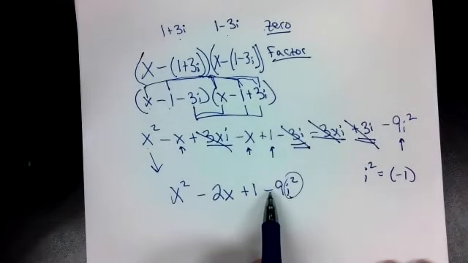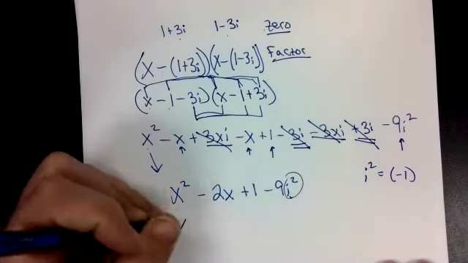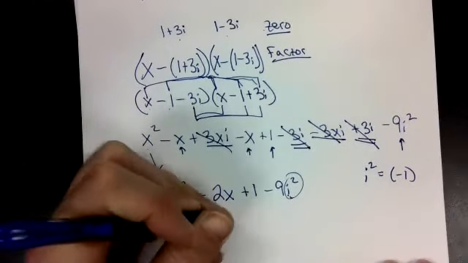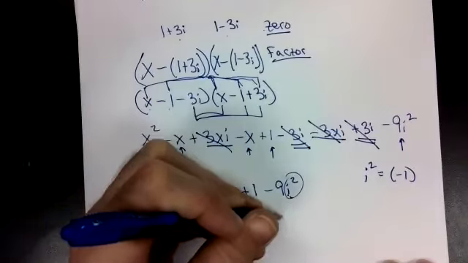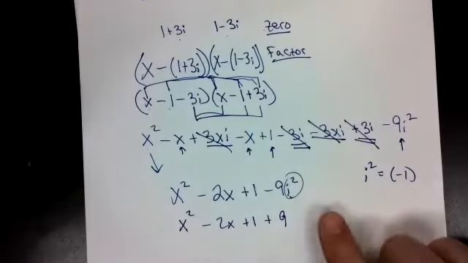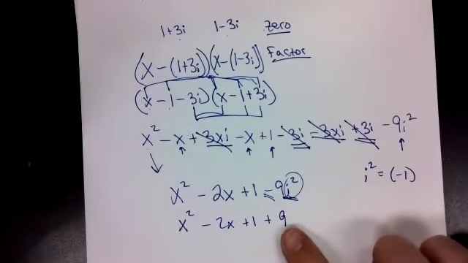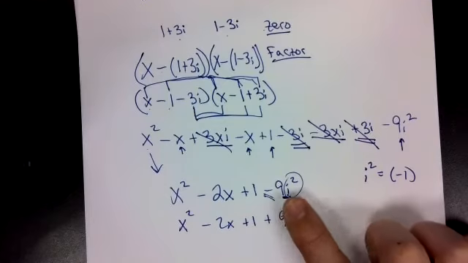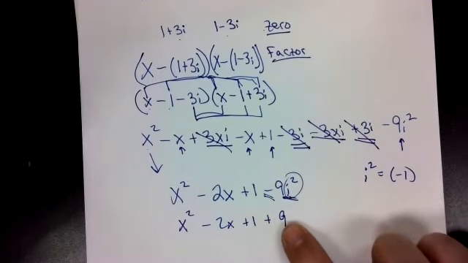So that really just changes your sign. So this is x squared minus 2x plus 1 plus 9. So again, the i squared changes your sign, and now it's no longer imaginary. So negative 9i squared just simply becomes positive 9.